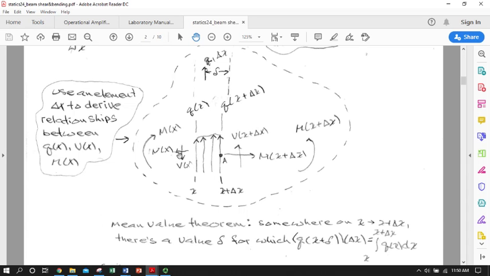Effectively this little volume element is being prevented from accelerating under the influence of this distributed load by all of the forces and moments being applied by the cut side on the right that we cut away and the cut side on the left that we cut away. So the only directly applied load we have on this volume element is the distributed load, which is a function of x. Everything else is an internal load being applied by the cut away parts of the beam to the left and to the right.